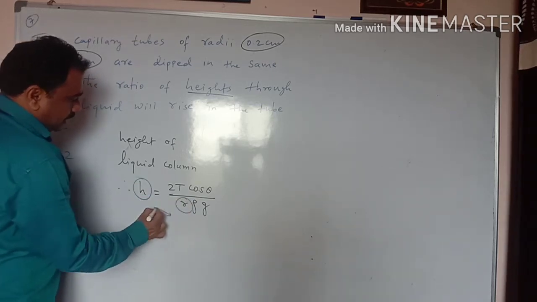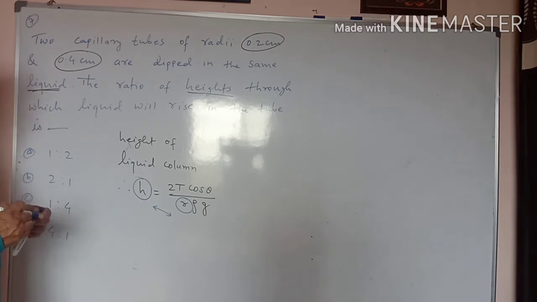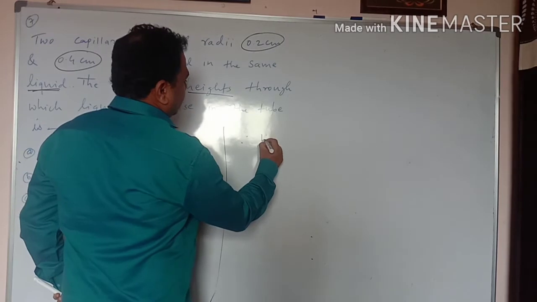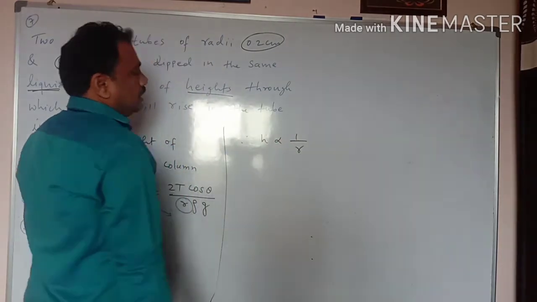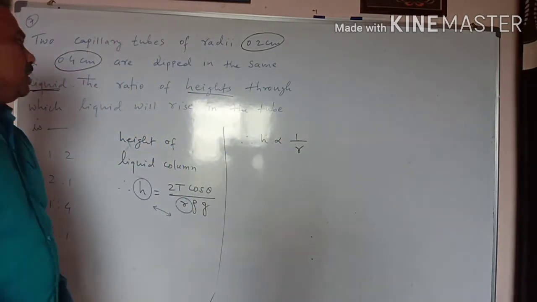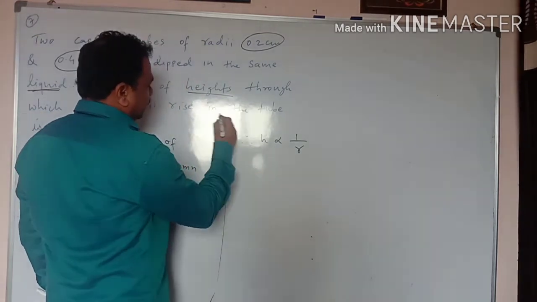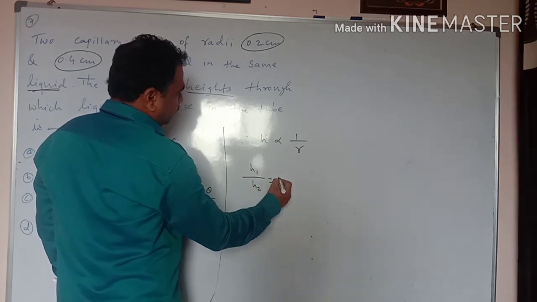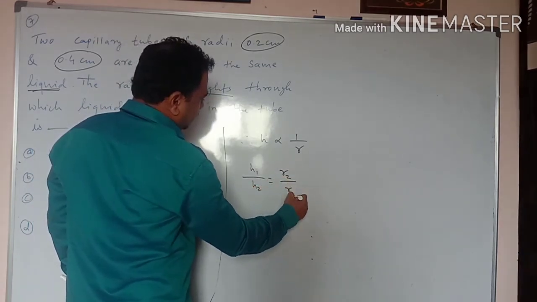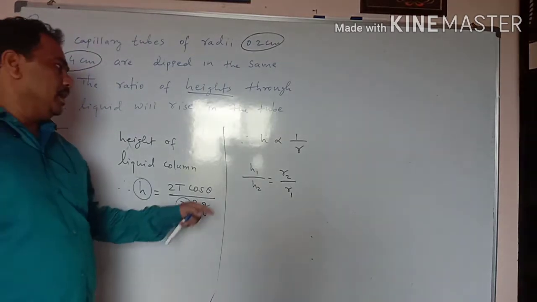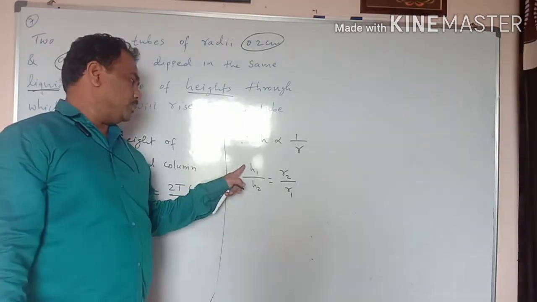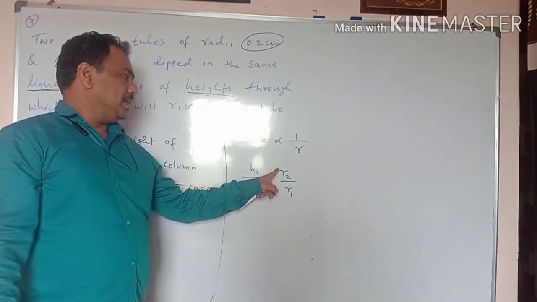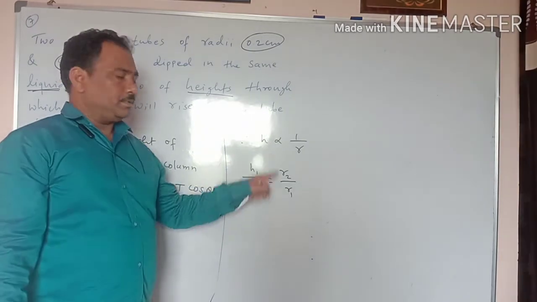See here, they are inversely proportional to each other. So we conclude that the height of the liquid column is inversely proportional to the radius of the capillary tube. So to calculate the ratio of heights, h1 by h2 is exactly equal to r2 by r1 due to the inversely proportional relation.